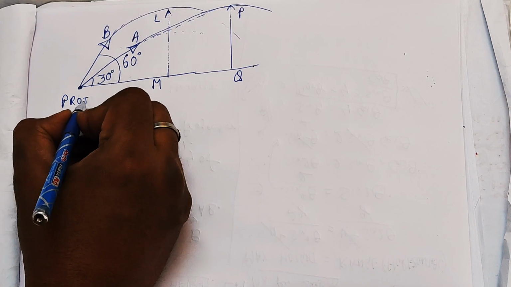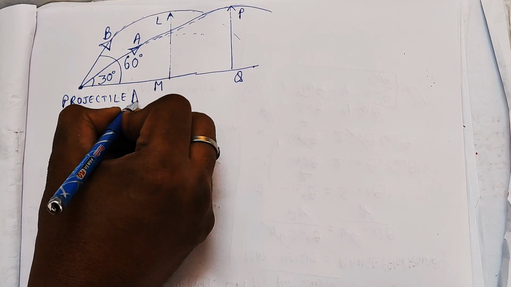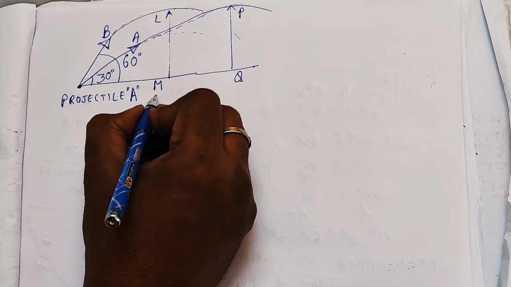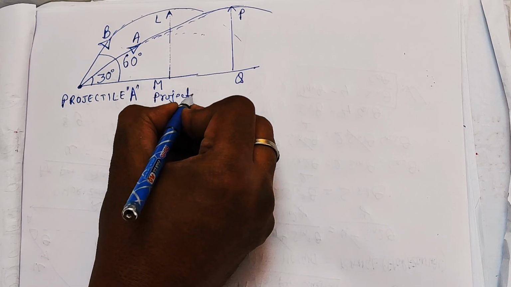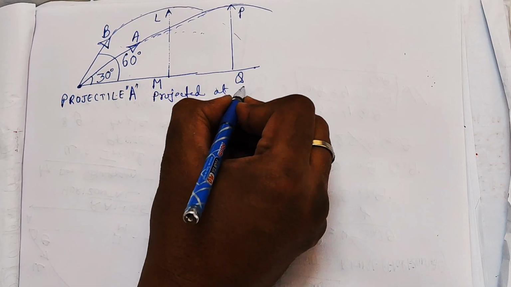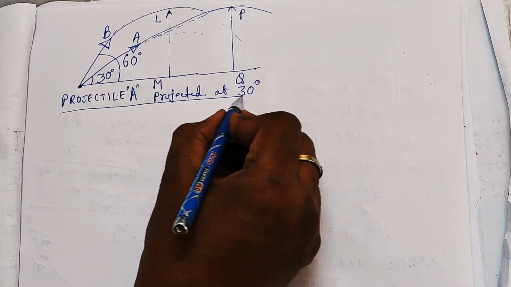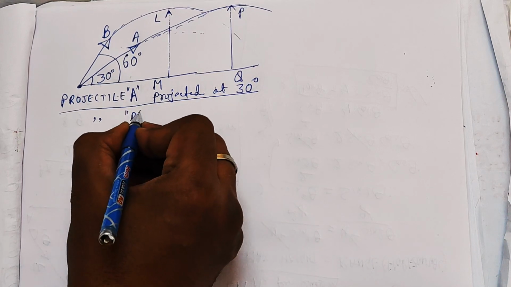Let's say both the projectiles are A and B. So I am writing over here the projectile A, which is projected at an angle of 30 degree. So the angle of projection of projectile A is 30 degree. Similarly, for the second projectile B, projectile B is projected at an angle of 60 degree.